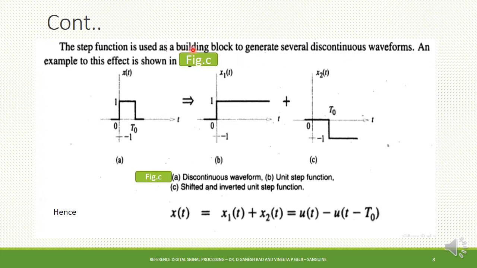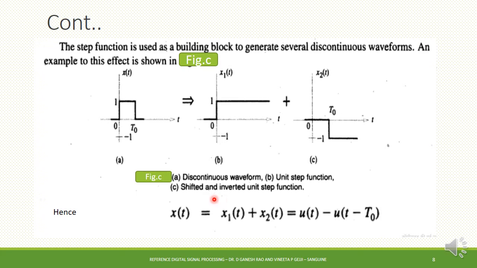To generate the discontinuous signals, we are using the step function. You see here, first there is one discontinuous waveform, x1 of t, a signal with t0 and amplitude equal to 1. I want to make this signal discontinuous. What should I do?